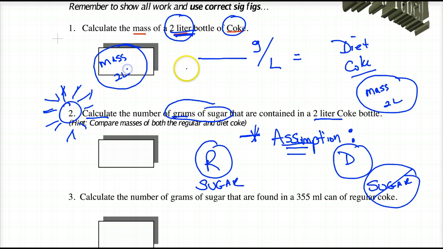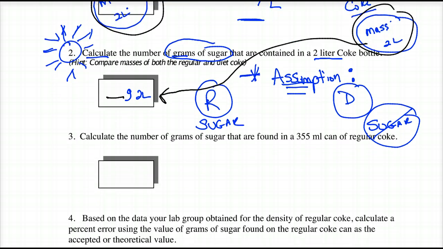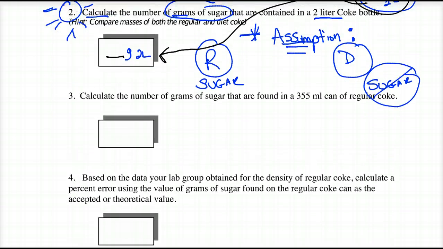Well, if they have the same ingredients except for the sugar, then all you've got to do is subtract these two. And when you subtract those two, you're going to get the grams of sugar for a 2-liter bottle of Coke. So you're going to subtract these two masses. Okay, and I'll do that over here. So this one minus this one would give me the grams of sugar in 2 liters. Okay, very simple premise, but we're going to test that validity.